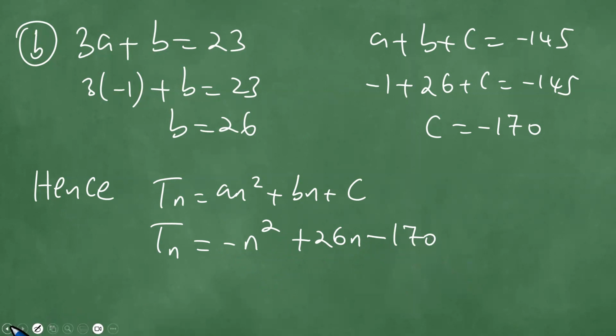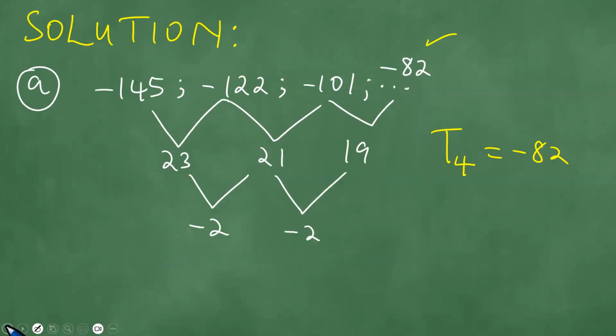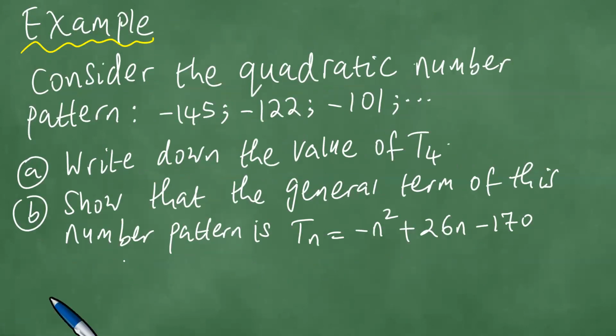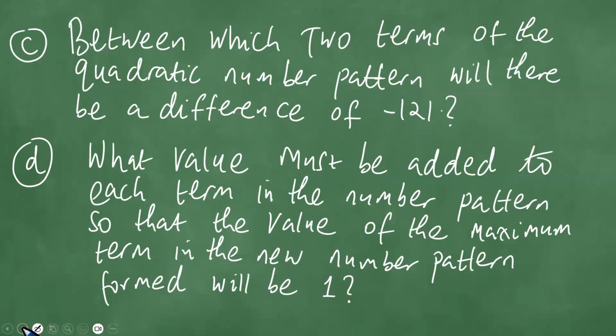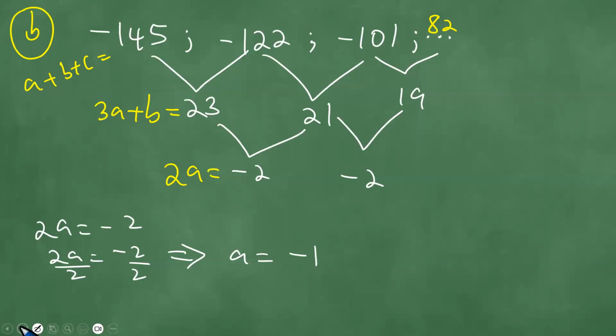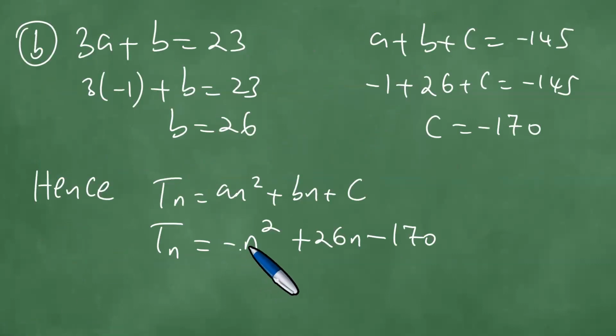You see, the question was, show that the general term of this number pattern is this. So minus n squared plus 26n minus 170. So let's check. Okay, so you have part C.